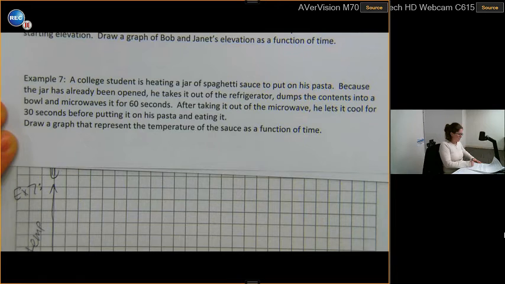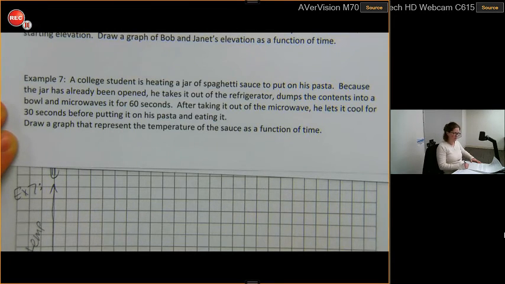He takes it out of the refrigerator, dumps it into a bowl, and microwaves it for 60 seconds. After taking it out of the microwave, he lets it cool for 30 seconds before putting it on his pasta and eating it. Draw a graph that represents the temperature of the sauce as a function of time.